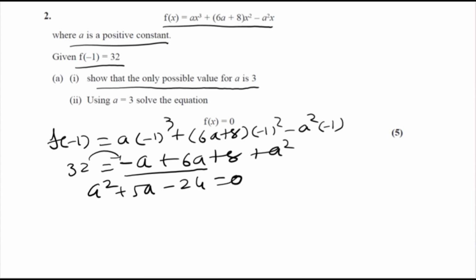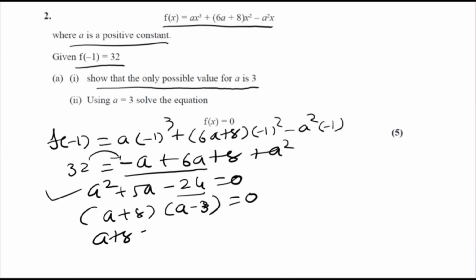I simplified it, so I can factorize and find the value of a. So I have to find two numbers that multiply to minus 24 and add to 5. So I can get a plus 8, a minus 3. 8 times 3 is 24, and 8 minus 3 is 5.